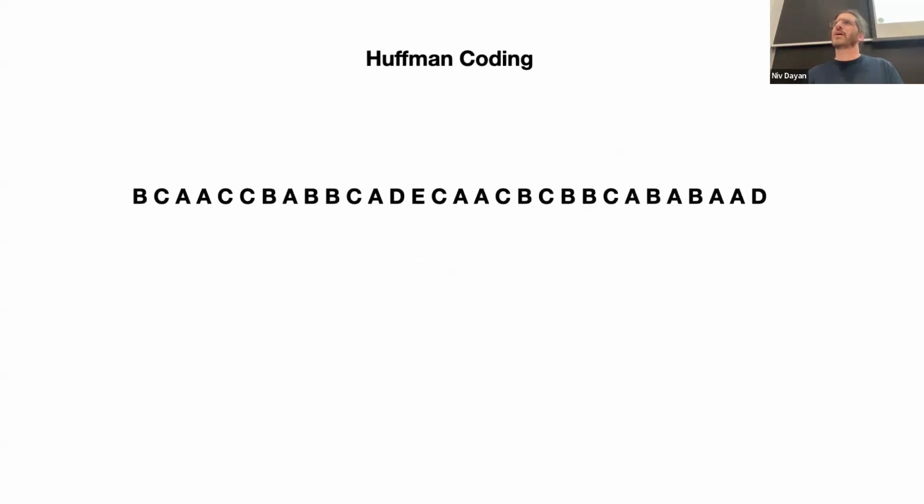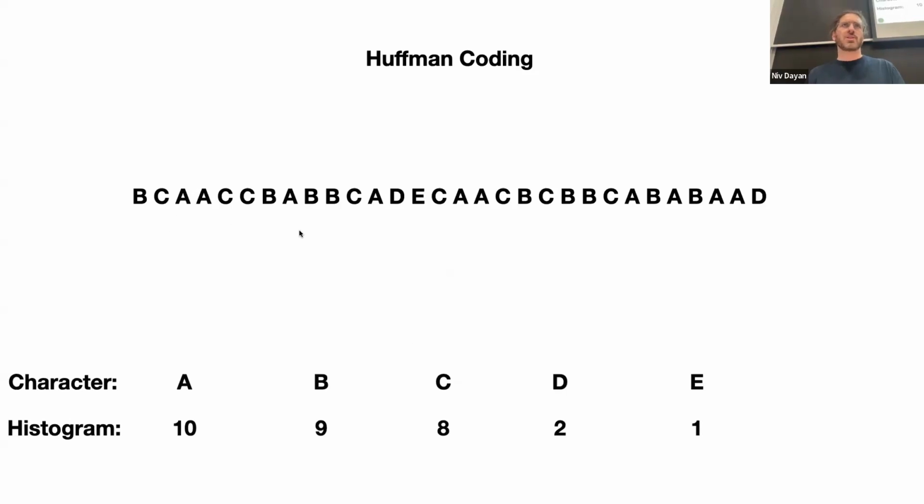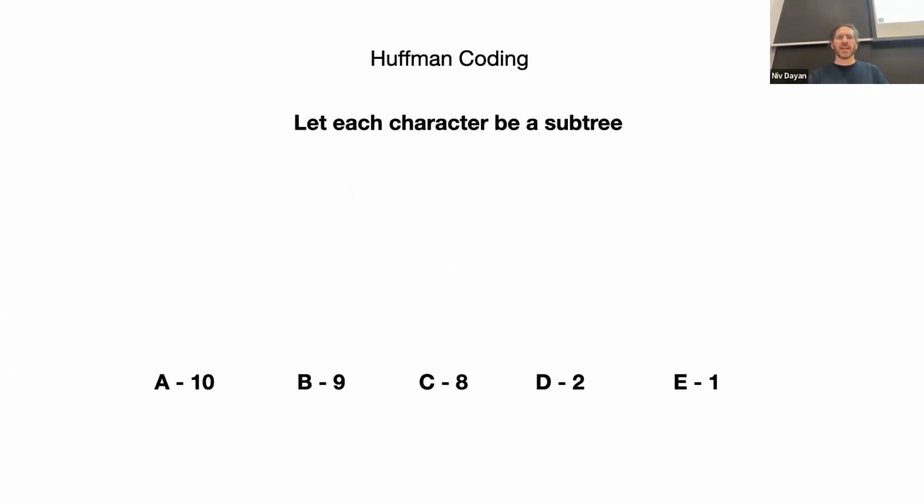Okay, here is Huffman coding, just for those of you that don't remember. So this is an independent example now. I just have a string of characters. I'm going to construct a histogram for how many times each one of the characters appears in the sequence. Now, based on this histogram, I'm going to take each one of these entries in the histogram and put it in some sort of priority queue, where the priority queue always spits out the item with the lowest frequency.